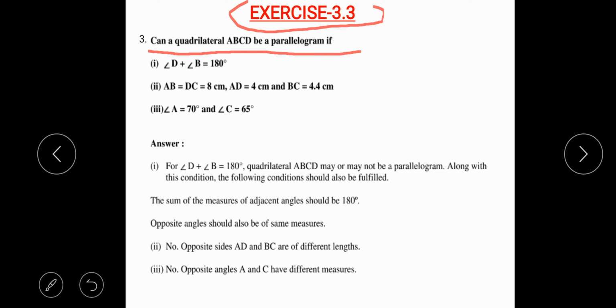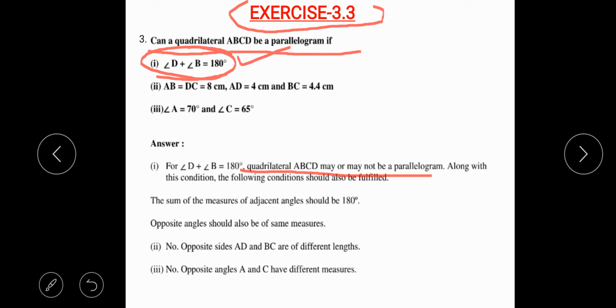If angle D plus angle B is equal to 180 degrees, then quadrilateral ABCD may or may not be a parallelogram, if we use only this one condition.